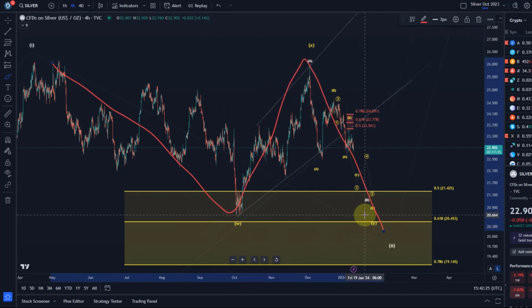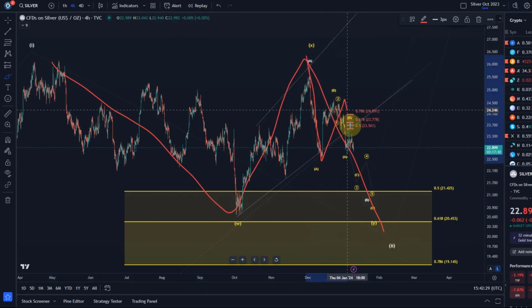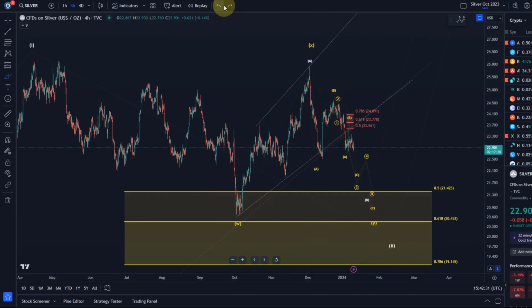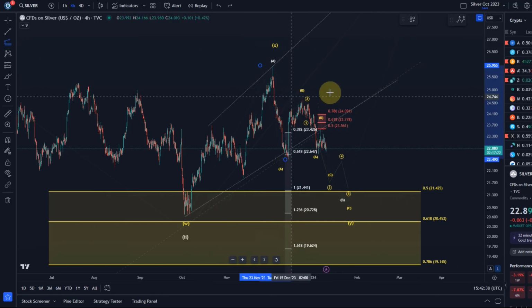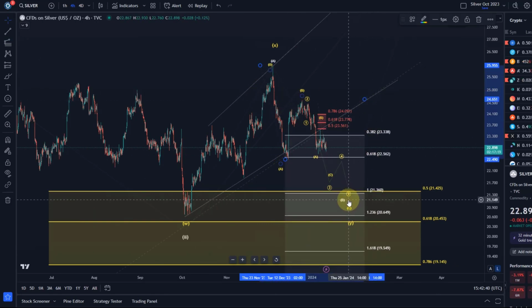In that scenario, we're now in the Y wave and dealing with an A, B, C structure. In this scenario, the C wave could land at around $21.36. Now you see that this is above the previous low.